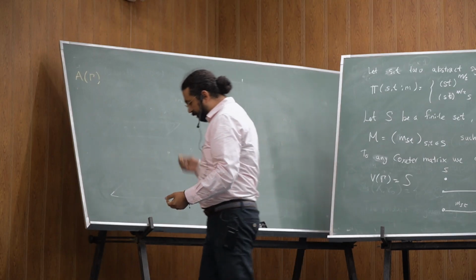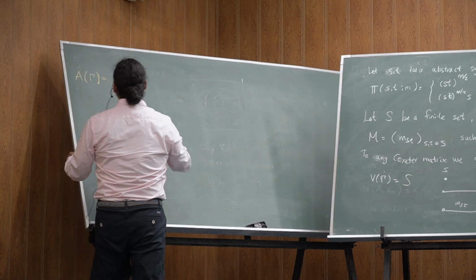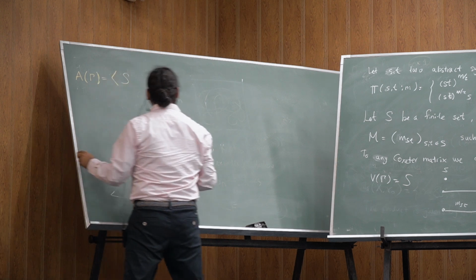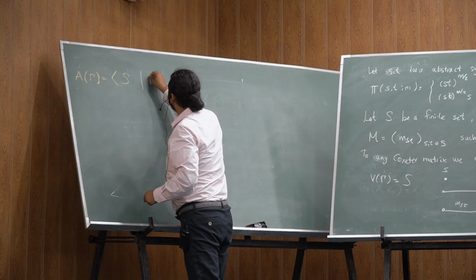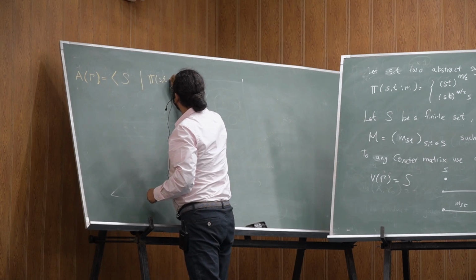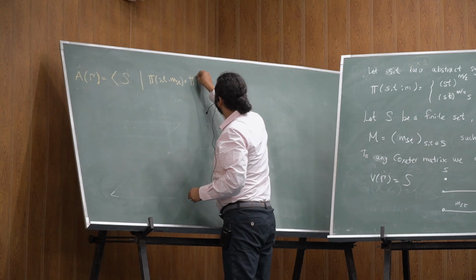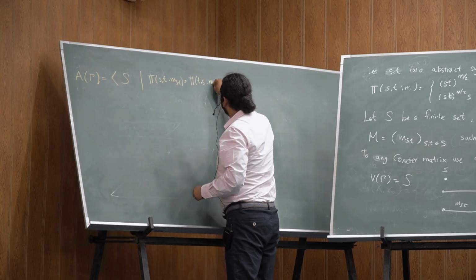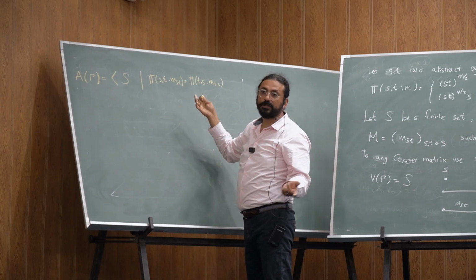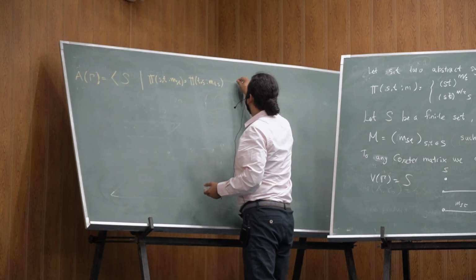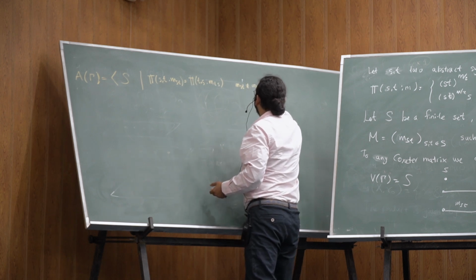The Artin group of gamma will be the group generated by S, the vertices, with the following relations: P_m_ST(S,T) equal to P_m_TS(T,S), and we know already that this is the same because it is a symmetric matrix, whenever M_ST is different from infinity.